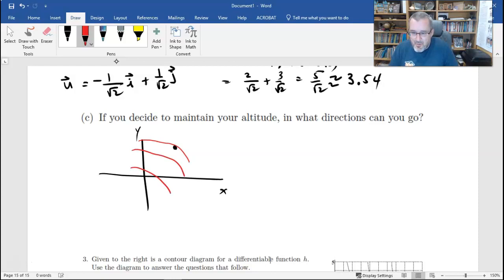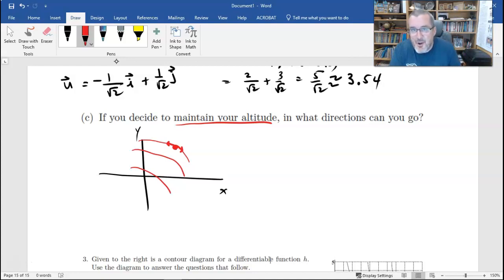So if you're at the point 1, 1, and you want to maintain your altitude, that is, you want to stay on that level, see, if you go off that level, you're not going to maintain your altitude. So you should go that way, or you should go that way. At least for that initial step, you should maintain your altitude.